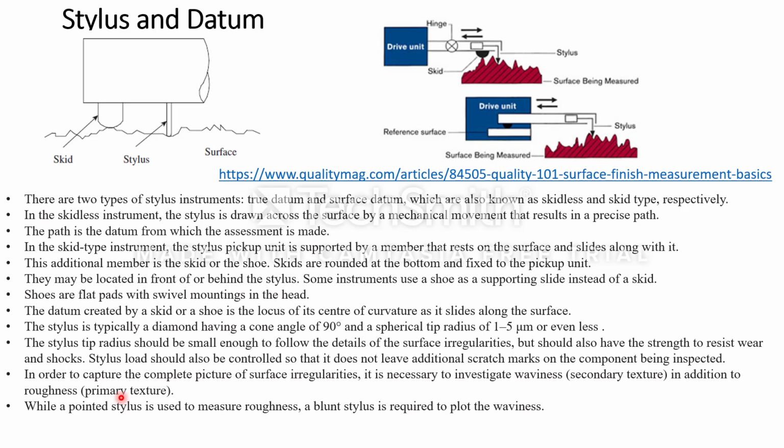If you want a costlier product with a very good finish, then you have to observe the waviness as well, and then correct it in the next manufacturing unit. While a pointed stylus is used to measure roughness, a blunt stylus is required to plot the waviness.